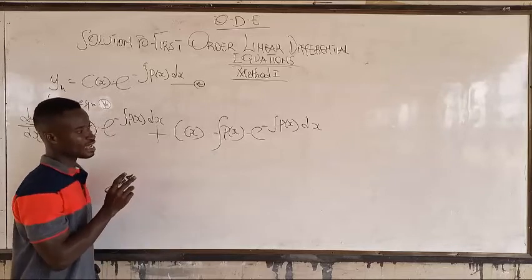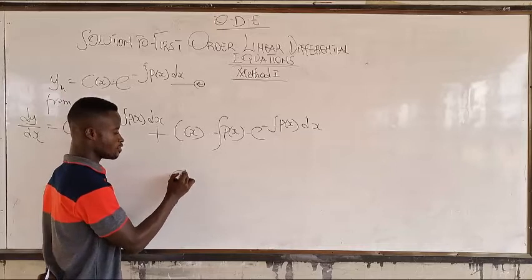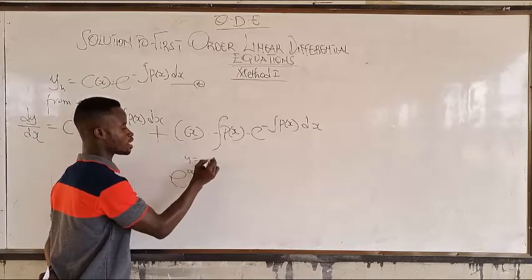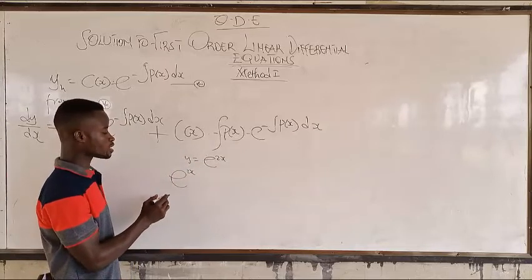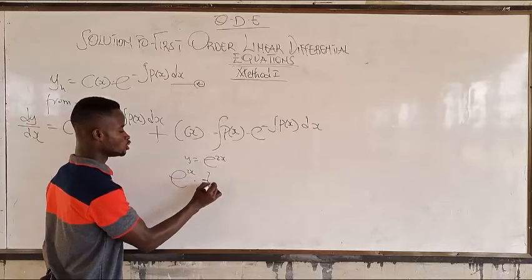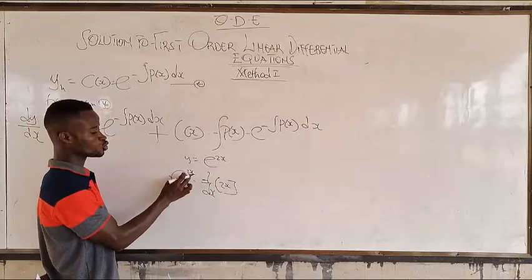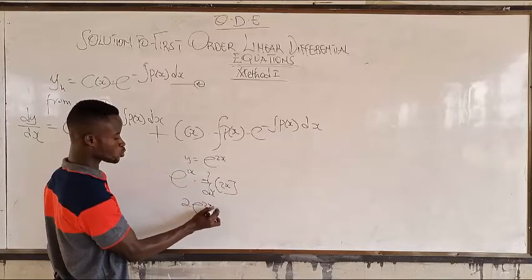The reason is that it's like this. y is equal to e raised to the power 2x. Let me take it to calculus more. y is equal to e raised to the power 2x. You repeat everything, then you differentiate whatever is here. So when you differentiate the 2x, you are going to get 2. That's why it will be 2 e raised to the power 2x.